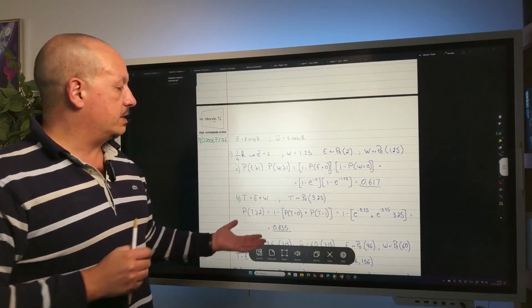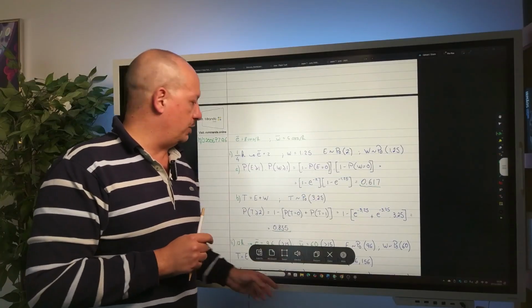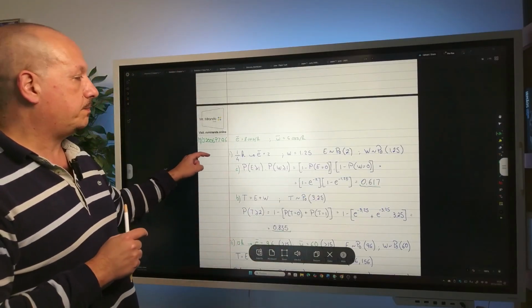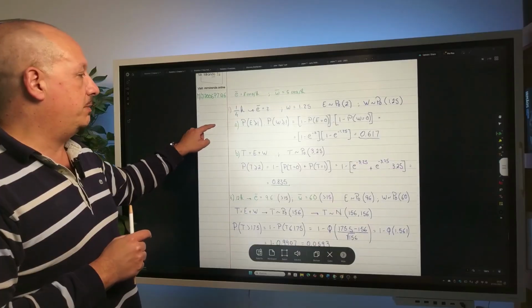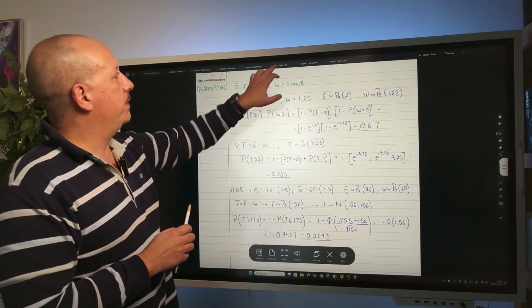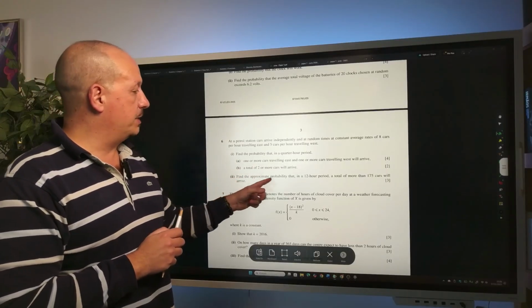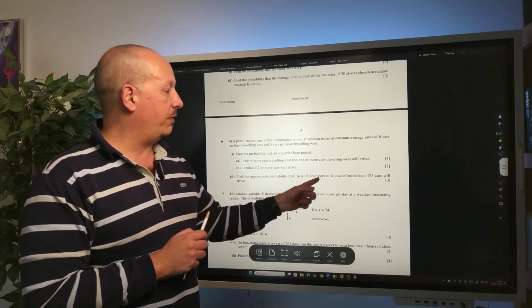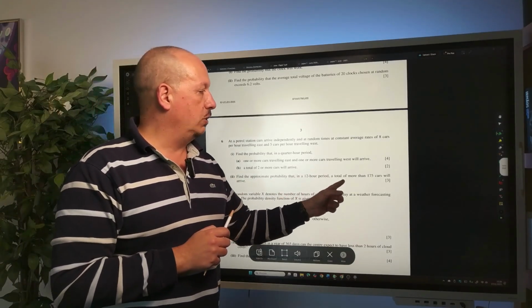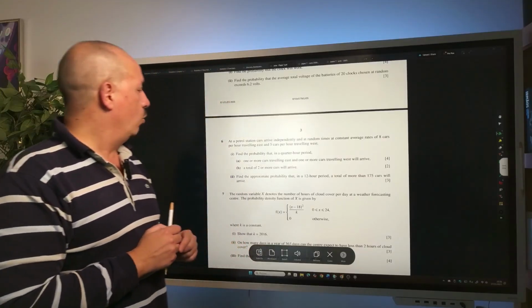So 1 minus the probability that T is equal to 0 and equal to 1. Again, just apply the formula using the new parameter, and there you have the probability. Then you have to find the approximate probability that in a 12-hour period, a total of more than 175 cars will arrive.